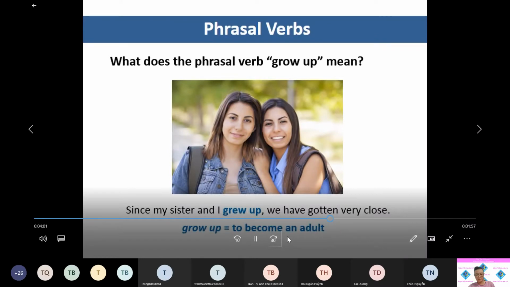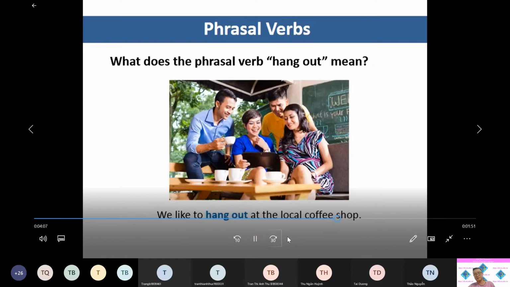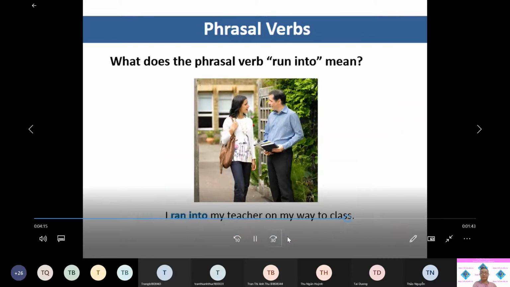From this context, we can guess that grow up means to become an adult. What does the phrasal verb hang out mean? To hang out means to spend time relaxing. What about the meaning of run into? The phrasal verb run into means we meet someone by chance or unexpectedly.